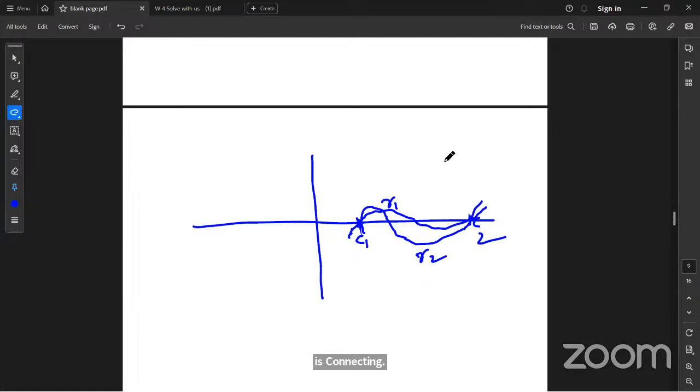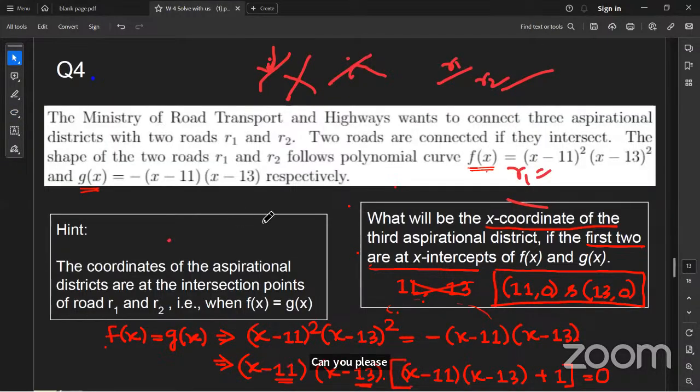So you need to find the... I am explaining. What is the question exactly saying? The question is saying, what will be the x coordinate of the third aspirational city if the first two are x-intercepts of f(x) and g(x)?